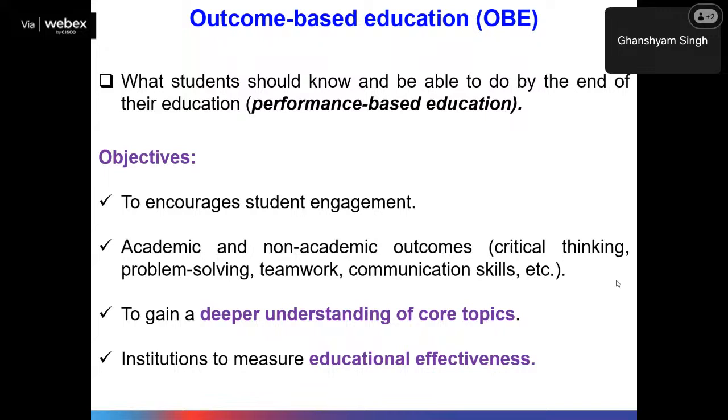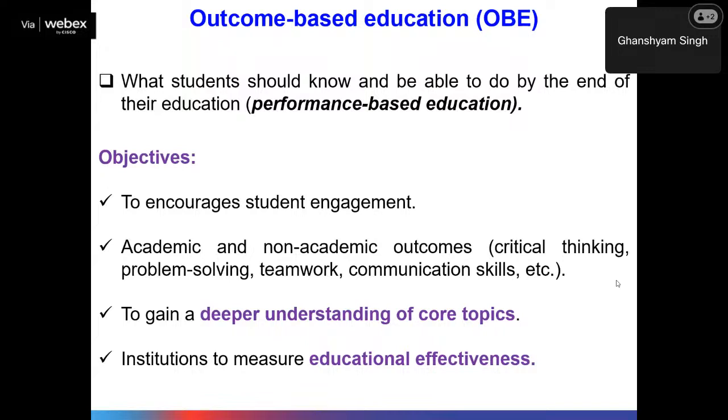Also, the institution will be able to measure educational effectiveness. What could be the educational effectiveness for the institution? That means they will be able to measure the success rate, meaning how many students appear in the exam and how many actually graduate from that particular course. Another measure is how many students are being trained and placed, getting recruited by the recruitment companies.